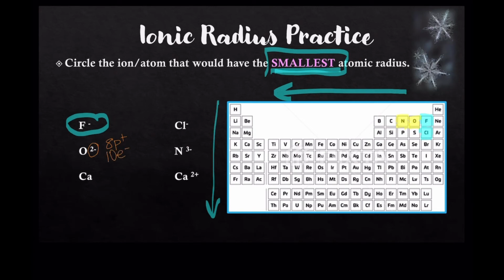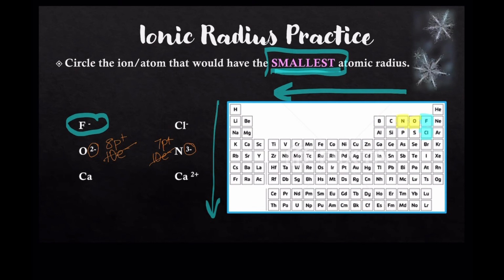Let's compare that to nitrogen. Nitrogen has an atomic number of 7, so that means it has 7 protons. And because we're gaining 3 electrons, instead of 7 electrons, nitrogen now has 10 electrons. So notice how they both have the same number of electrons in their electron cloud. For that reason, we can't use the electrons to determine which one is smaller or larger in size.